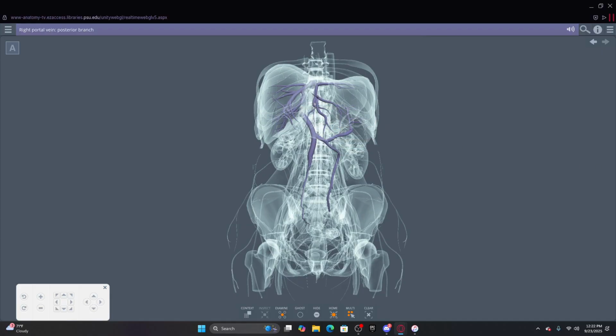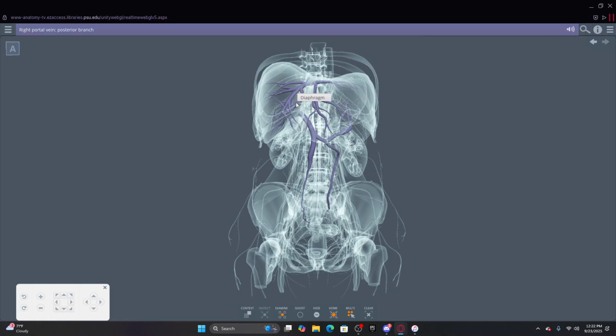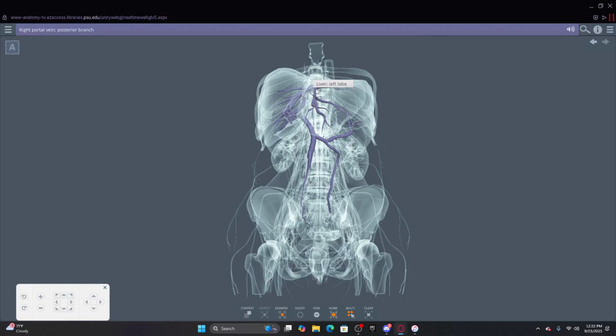But also, we can move on to the hepatic veins. So we know our hepatic portal vein is right here, and then these would be our hepatic veins. So the hepatic portal vein is draining into the liver, and then we have our hepatic veins that are draining into the IVC.